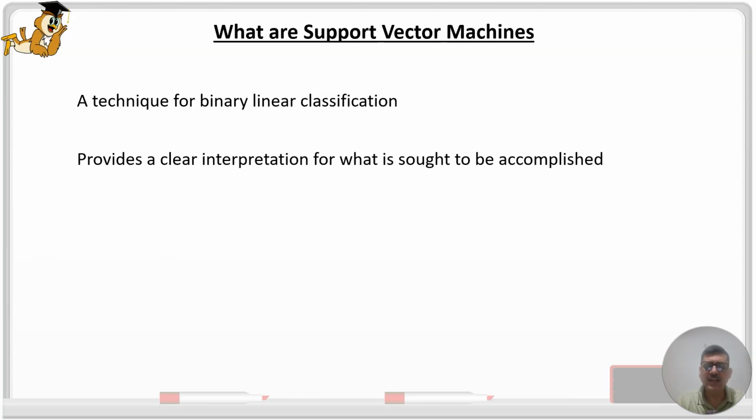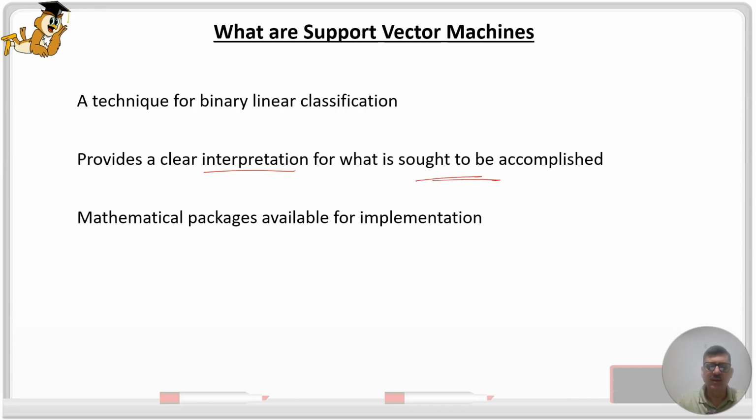The SVM technique has a very clear interpretation of what it seeks to accomplish. The definition of a support vector machine is very clear in terms of how it differs from the other binary classification techniques and what it seeks to accomplish. And finally, mathematical packages are available for its implementation.